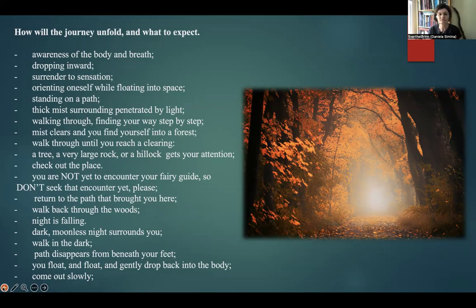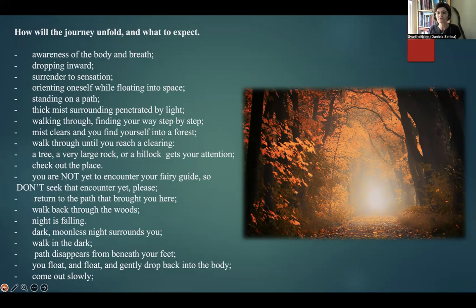The path leads you through a clearing, the same clearing you visited before. And here is that particular land feature that you can see from afar, whether it's a tree, a large rock, or a hillock.